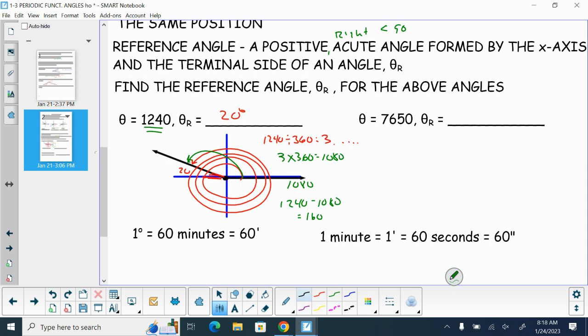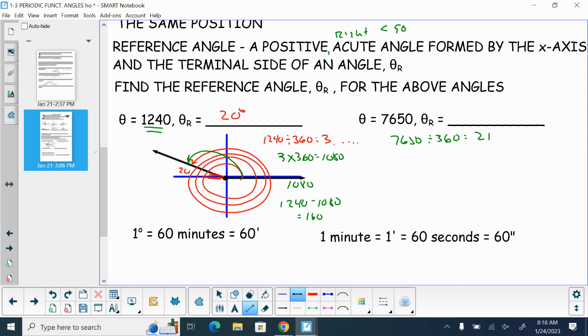If I take the 7650 and divide that by 360, that tells us how many times I'm going to spin around. Okay, if I take 7650 divided by 360, how many times would we spin around? Courtney? 21 times.